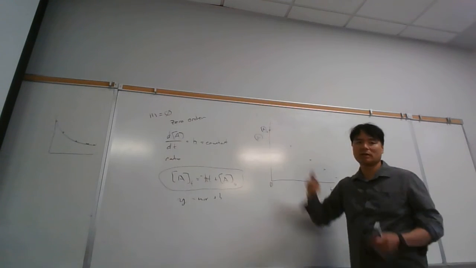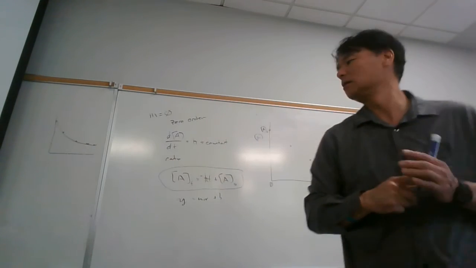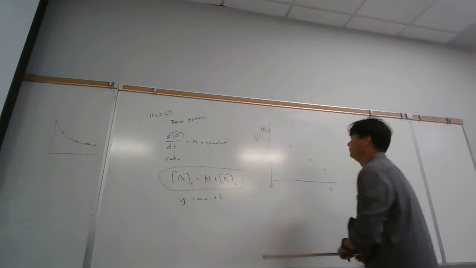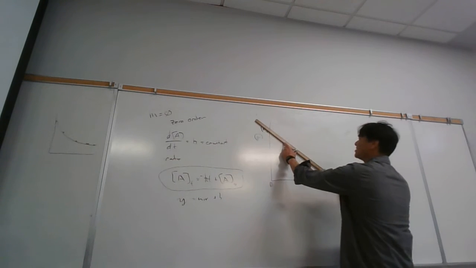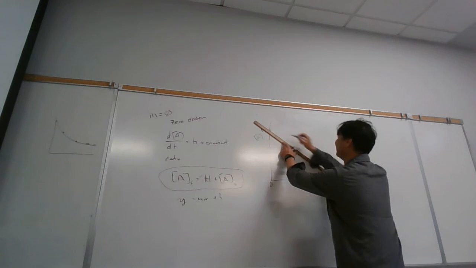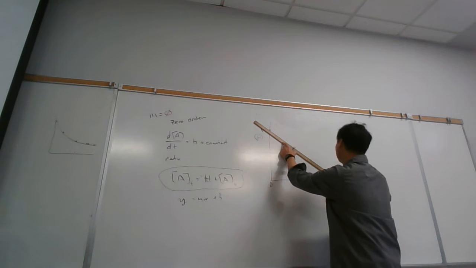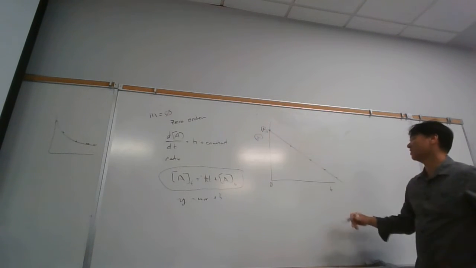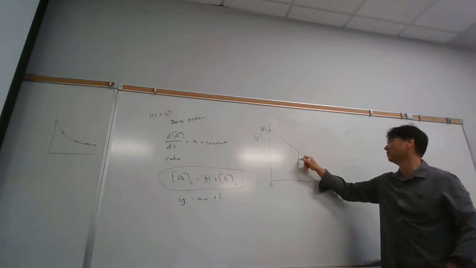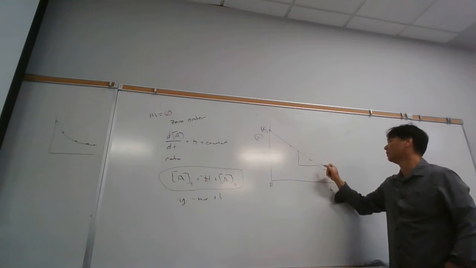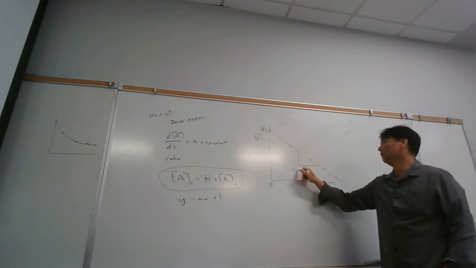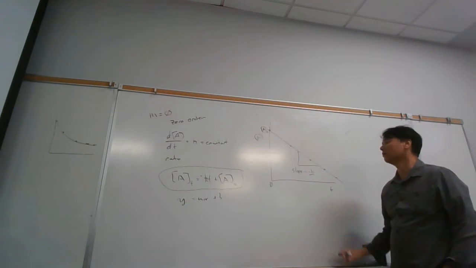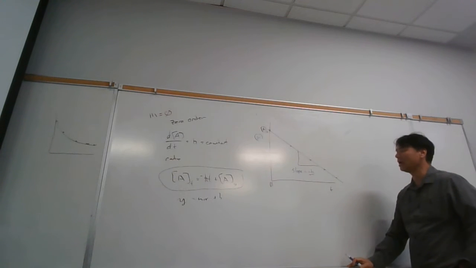And so we'll get a straight line like this. And for the slope of this line, we try to do a least squares fit. It's going to be a little bit scattered, so we try to average it out or minimize it. The slope is equal to minus k, and therefore we can determine what k is.